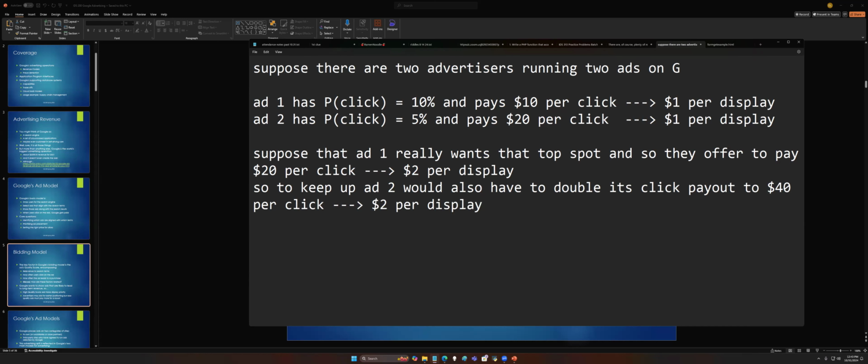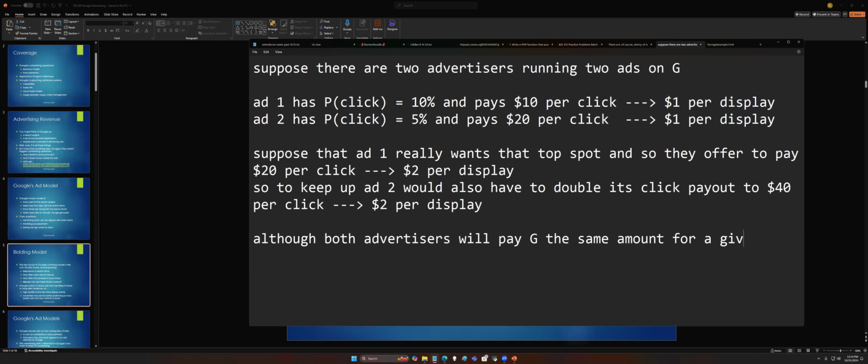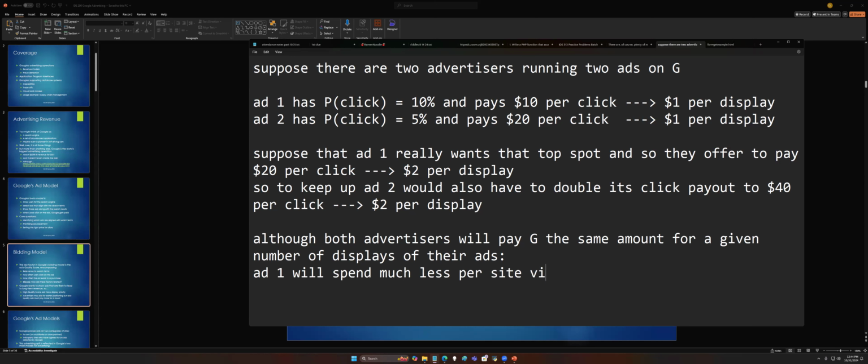Now, this may look like both advertisers are going to pay the same amount of money. And over time, yes, they will pay Google the same amount of money. The difference is, although both advertisers will pay Google the same amount for a given number of displays of their ads, ad one will spend much less per site visitor.